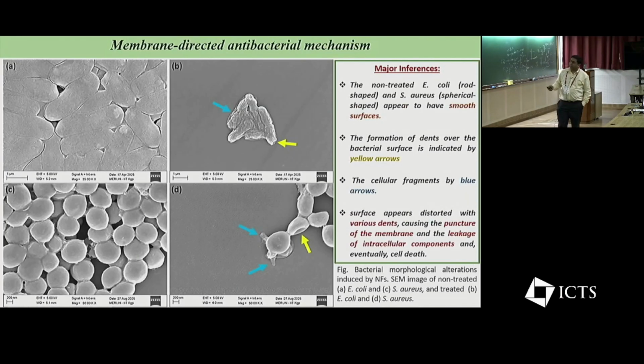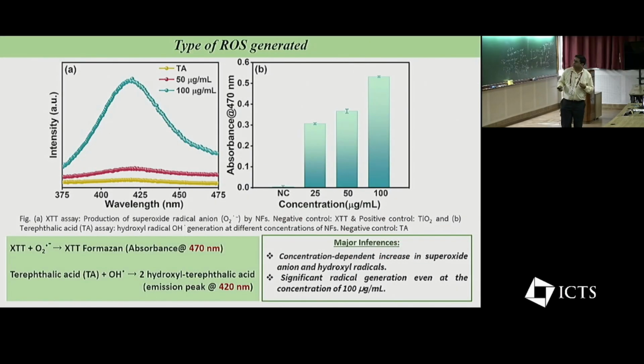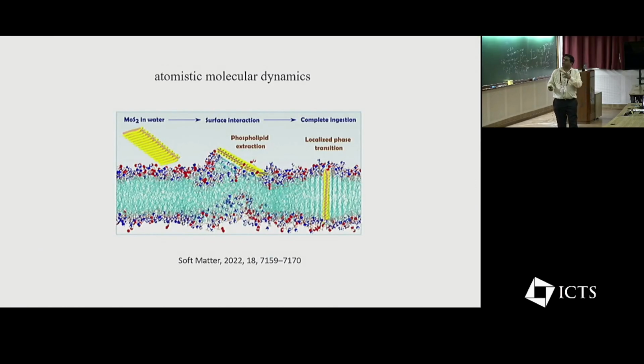The visual micrographs suggest these nanoknives are making dents on the surface of the bacterial cells, and whatever content is inside the bacteria comes out, and eventually the bacteria dies. I have contacted for the atomistic molecular dynamics simulation to see how these processes are happening. Thank you.